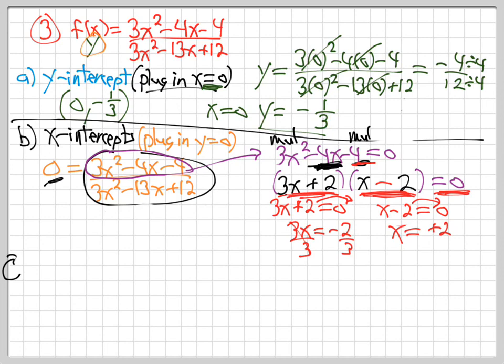Now you could get the same thing by doing the quadratic formula. I'll do it real quick. Let me come over here. If you don't like all that factoring, but I encourage you to learn to factor: -b plus or minus the square root of b squared minus 4ac all over 2a.